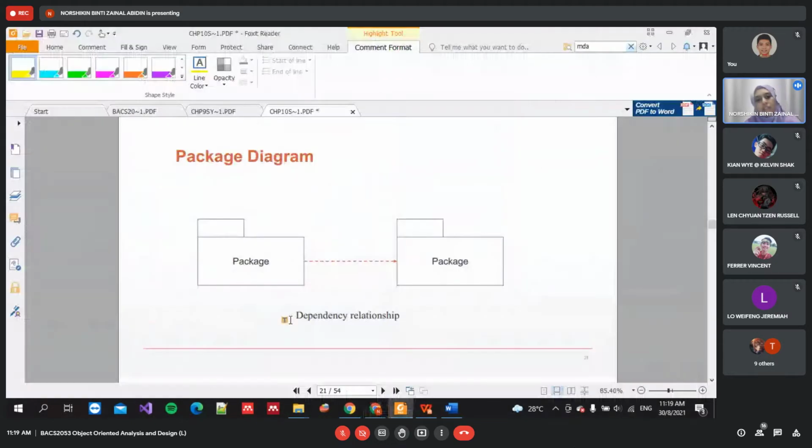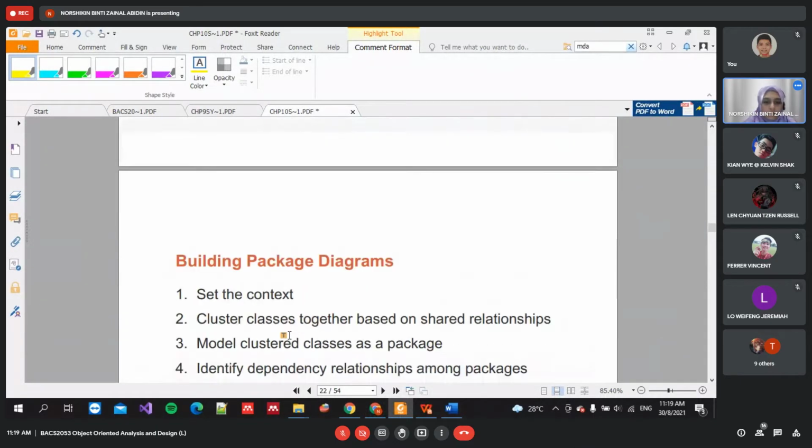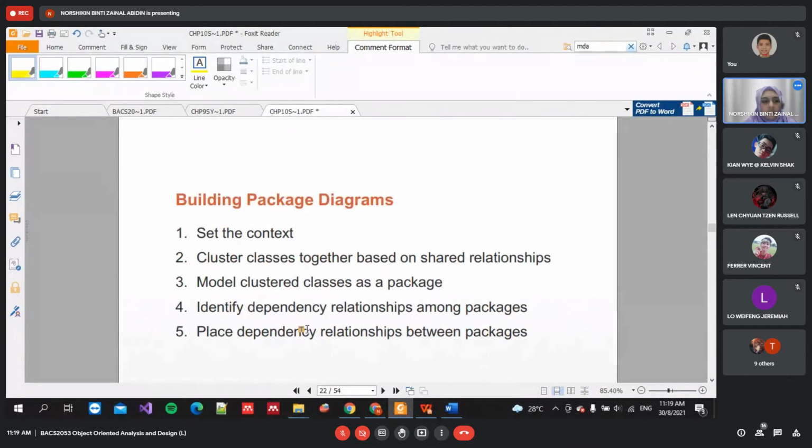Okay, how to model this package diagram: set the context of our diagram, and then cluster classes together based on shared relationship or mutual or common attribute that they have. Cluster classes together means we group them together based on the mutual or shared relationship.